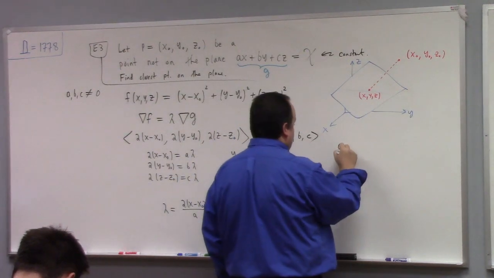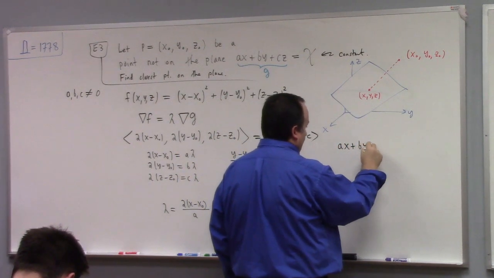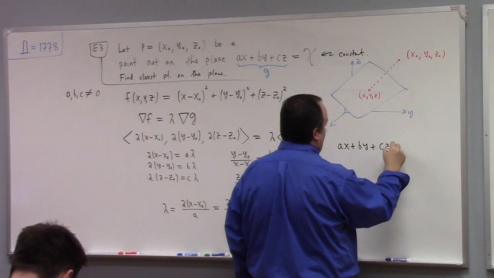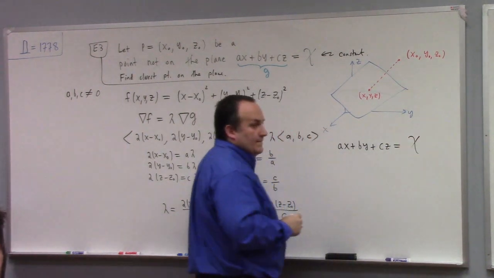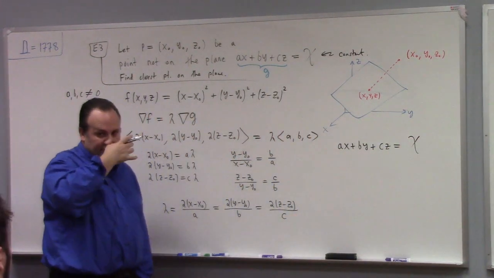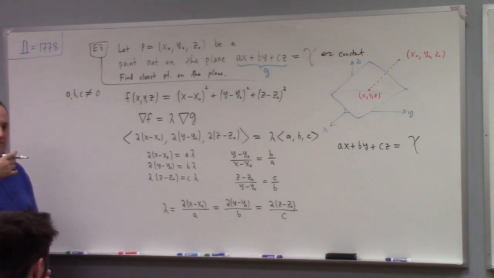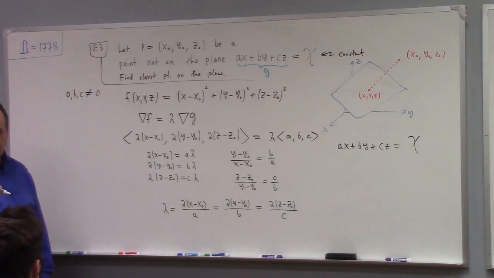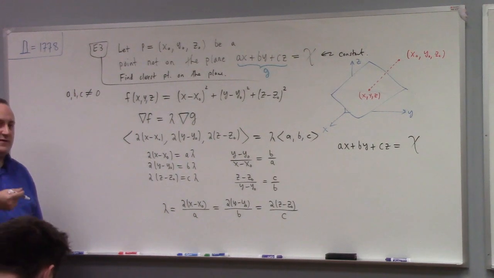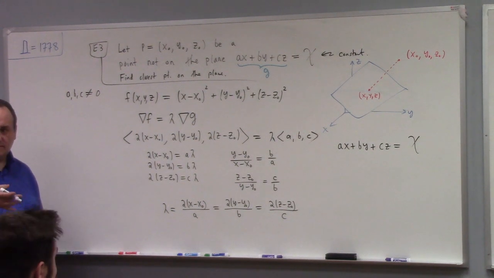Then I have to solve these equations, yeah? Can we solve? I mean, is there hope? These are linear equations, right? How many of them are? What are the variables here? A, B, C are given, right? We're trying to solve for x, y, z. Do we have enough equations to solve for x, y, z?